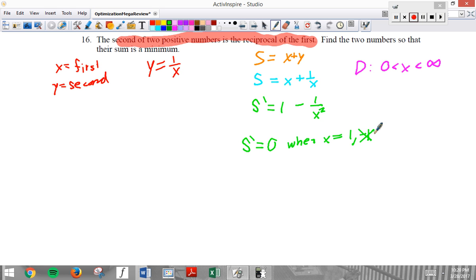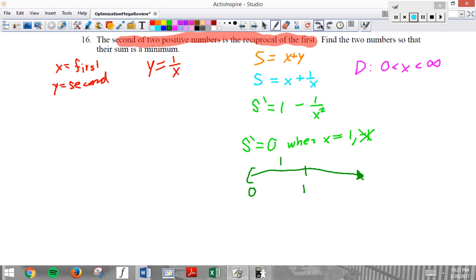Negative 1's not in the domain. Number line. 0. Off to infinity. I can't believe it. I make nice arrows. I do when they're filled in like that. I should just always fill it in. 1. Okay, maybe this is hard for you to tell. X is a teeny number. When x is teeny, what's going on? This is positive. When x is a big number. Whoa.